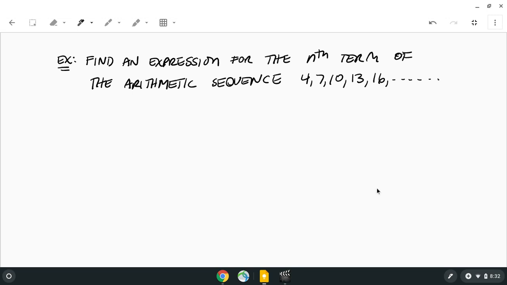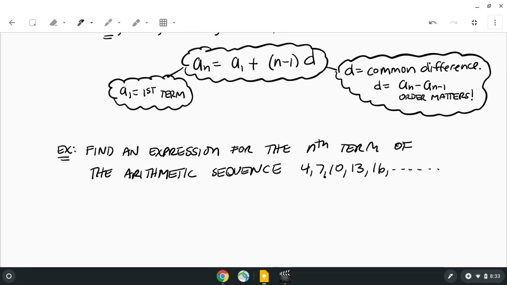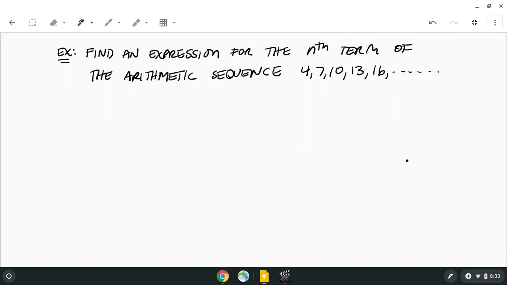So again, to write the nth term, we need these two things. We need a1, that's easy, it's 4. And we need the common difference, d. 7 minus 4, 3. Pretty easy. So this is our formula: an is a1 plus n minus 1 times d. And we said a1 is 4.